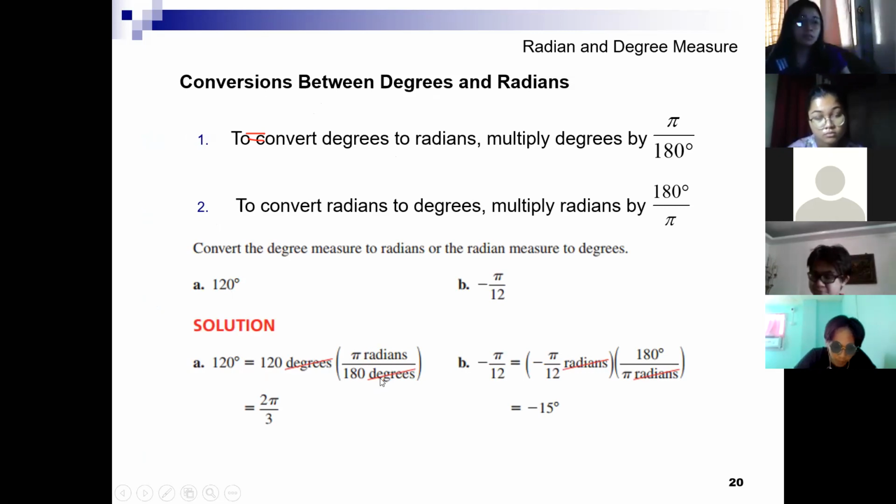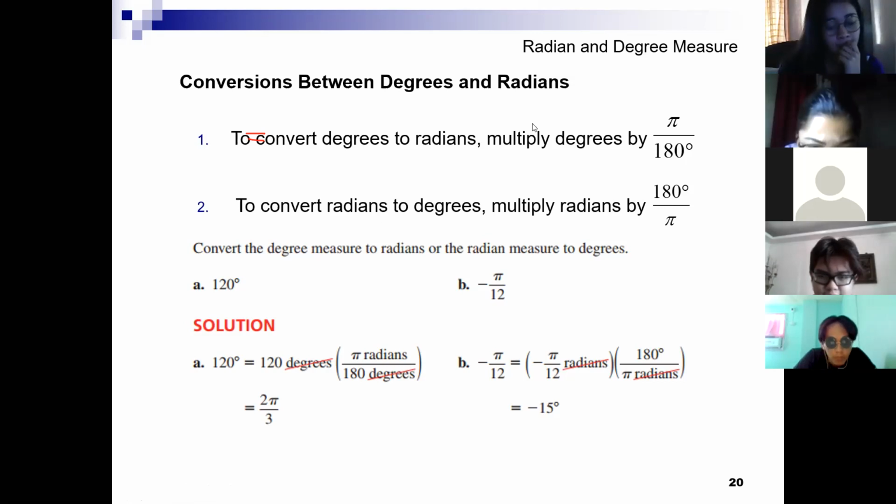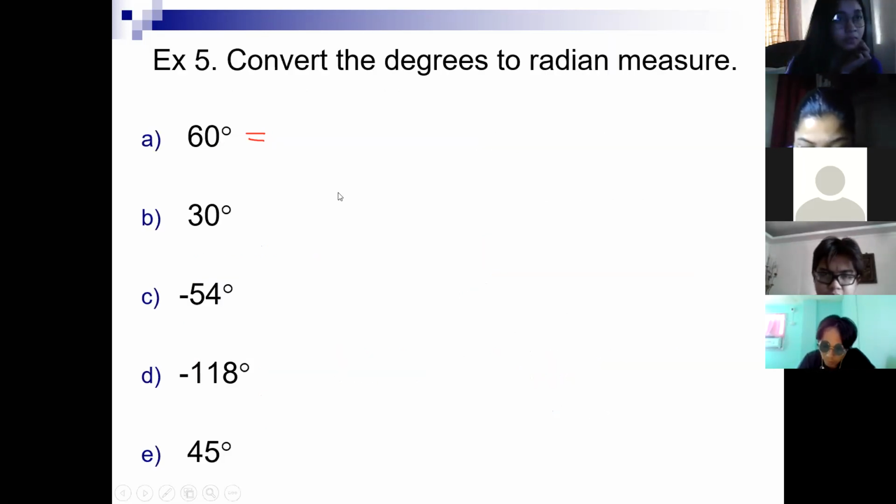Cancel the degrees, you'll have the unit pi radian. 1/3 radians, the answer of Miguel is also wrong. 1/3 radians, one wrong. Pi over 3, sir. Very good. The answer is 1 pi over 3.